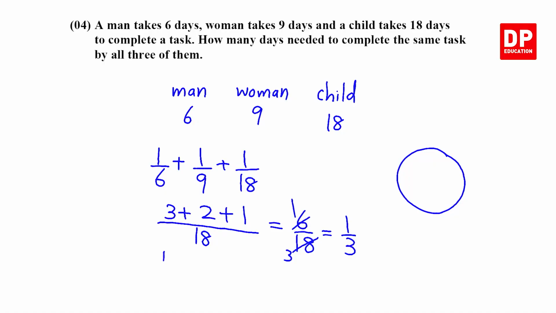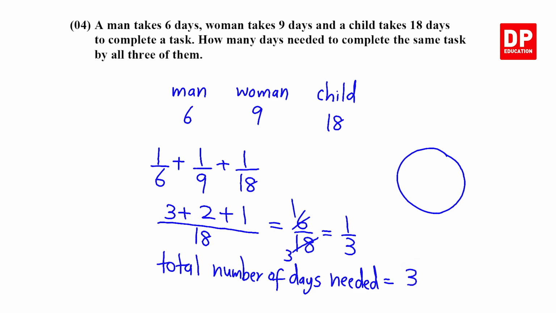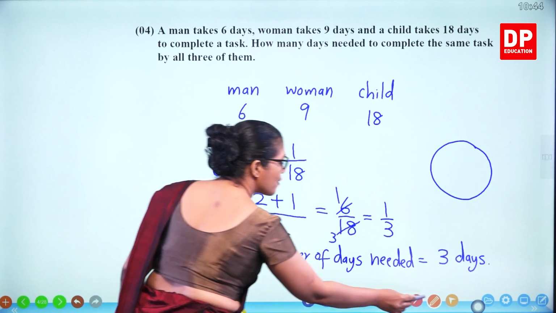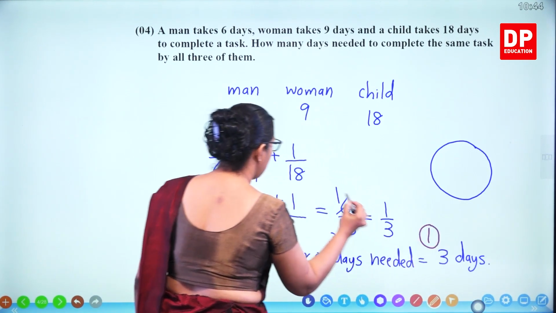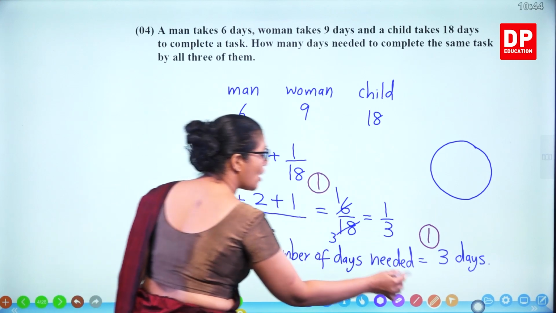So the total number of days needed, you have to multiply by 3. So 3 days. So you get 2 marks: 1 mark here and 1 mark to find the total.